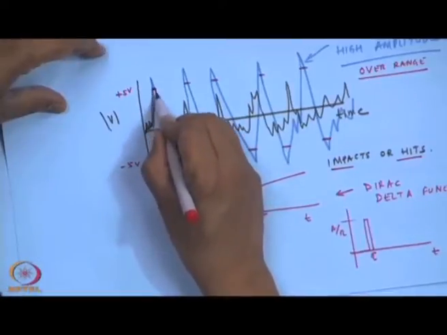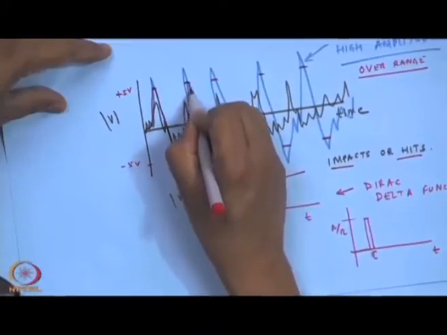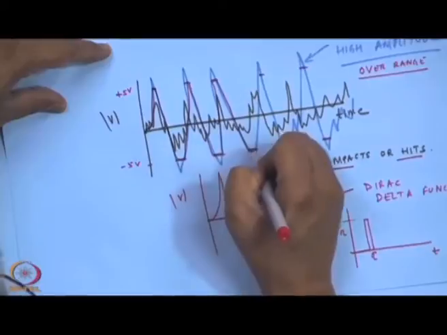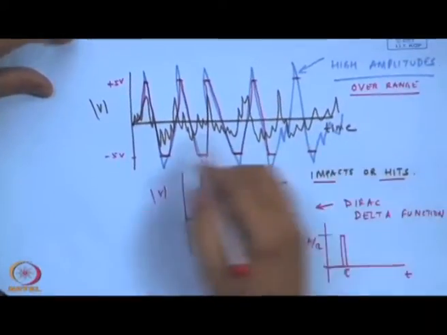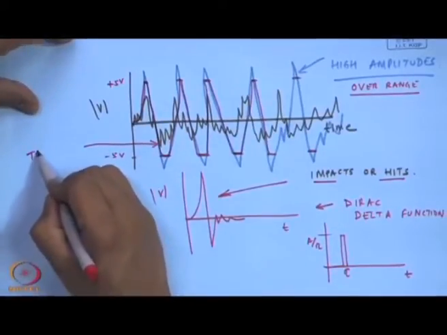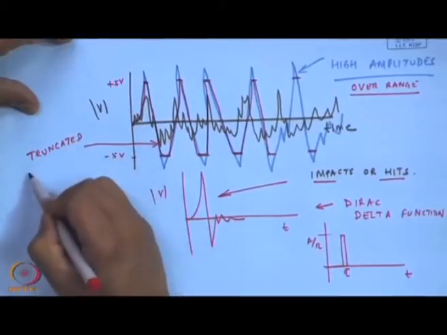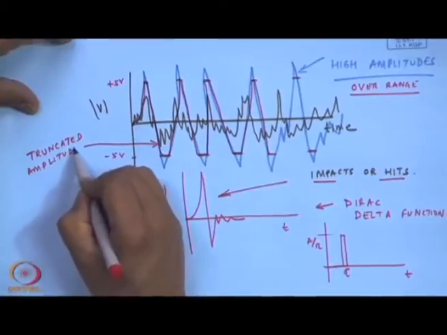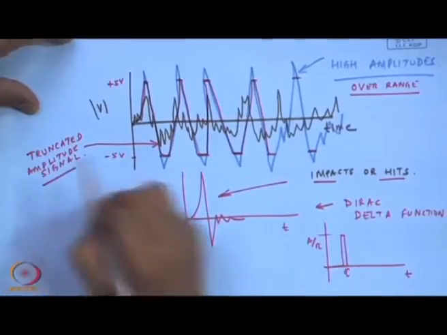If I draw on the... so, this, the red one, is the truncated amplitude signal.